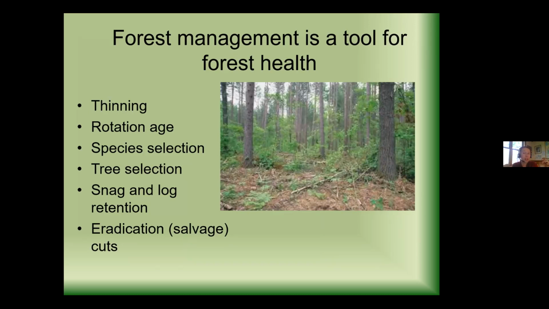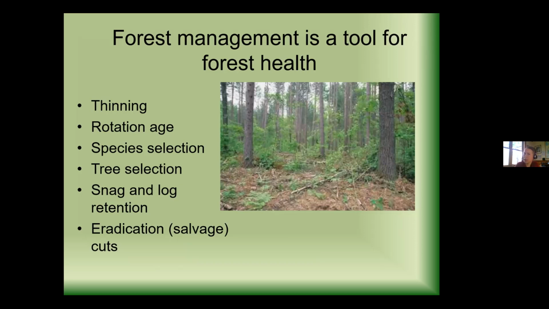And the rotation age, that's a fancy way of saying, is it time to start over on this stand? That usually means to do a clear cut / coppice or another major regeneration harvest. And then species selection. You can actually have a forest that was pushed through management in the past to not have the species that are most appropriate for the site.